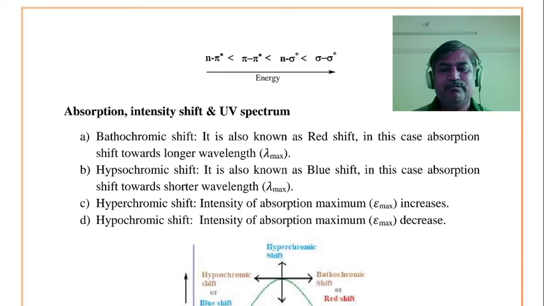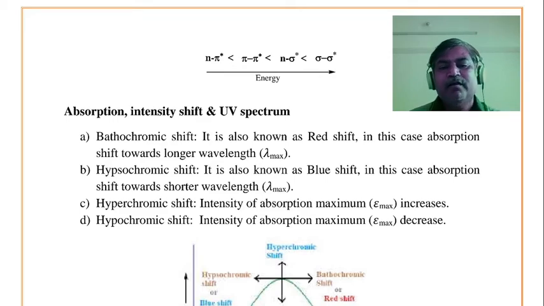Now, depending on absorbance, intensity, and shift in the UV spectrum, there are two major terms we have to study. One is the bathochromic shift and the second one is the hypsochromic shift.